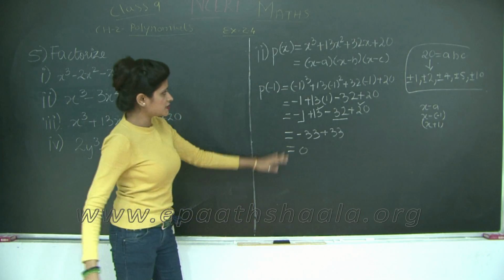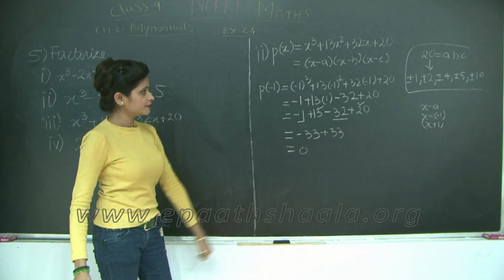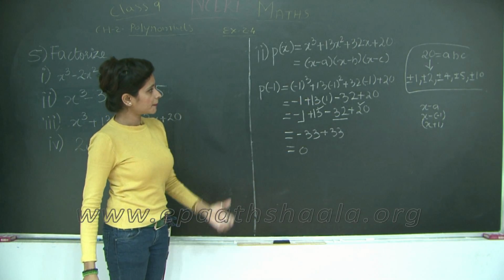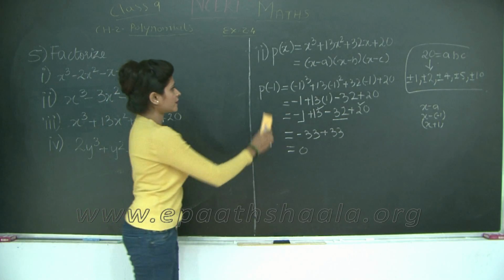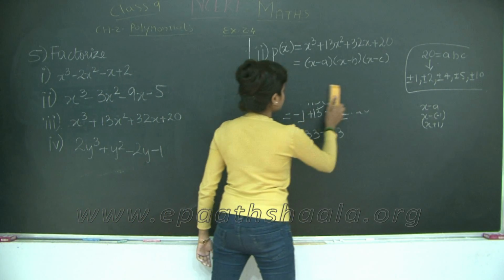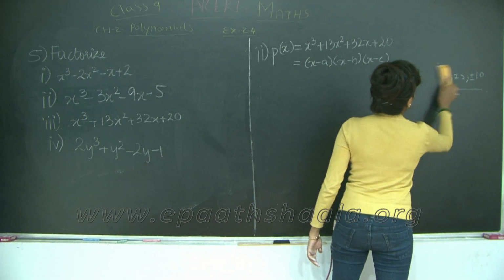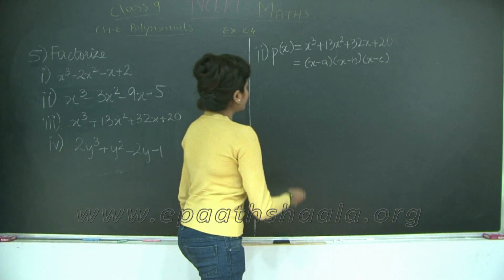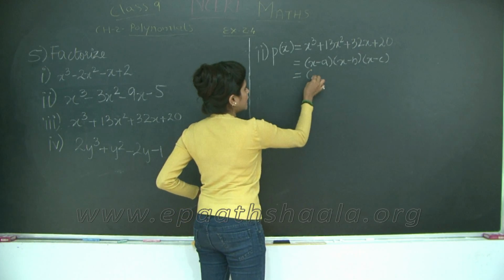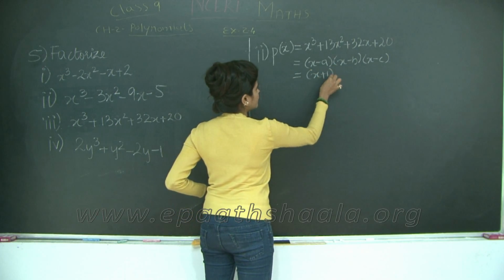Just take a look at this because I will have to erase the board. So I have my first factor, which is x plus 1.